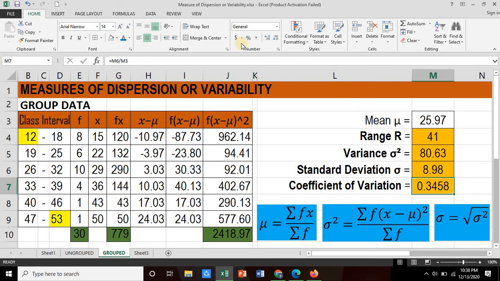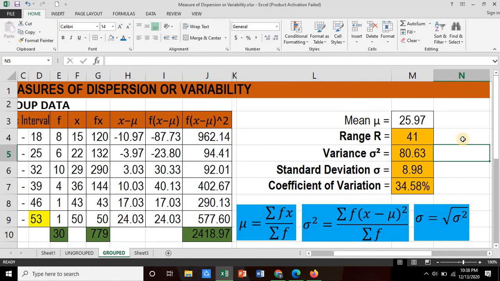In Microsoft Excel, simply click the percentage icon. So it becomes 35%, or in 2 decimal places, this is 34.58%. So there you go. We have the measures of dispersion: the range, the variance, the standard deviation, and the coefficient of variation.